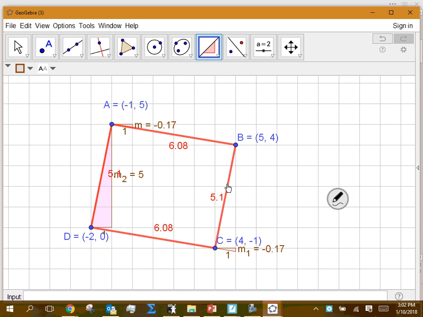Are those two slopes the same? Yeah. Okay. So, when both pairs of opposite sides are congruent, what happens is we default down to the definition eventually that you'll have opposite sides parallel, and then that provides a parallelogram. Okay. So that's one theorem, that's one approach we'll use. Okay.